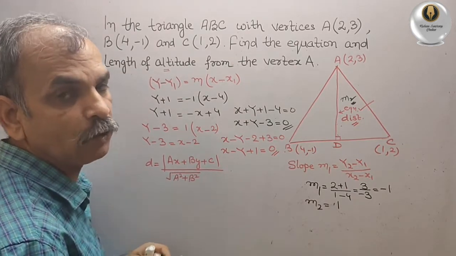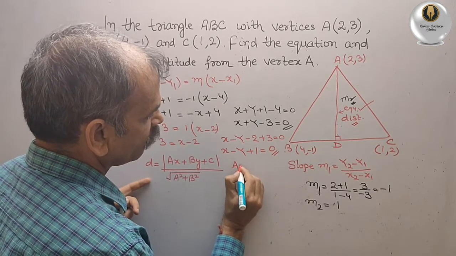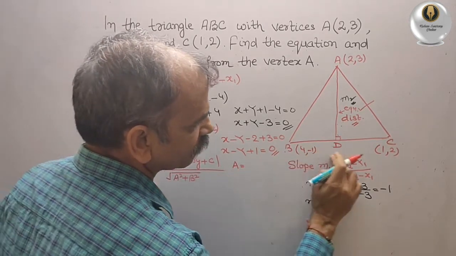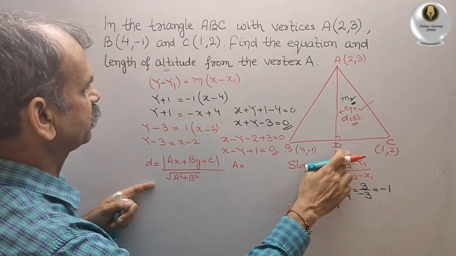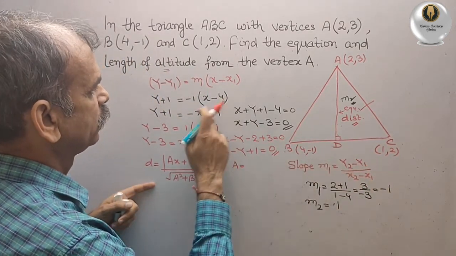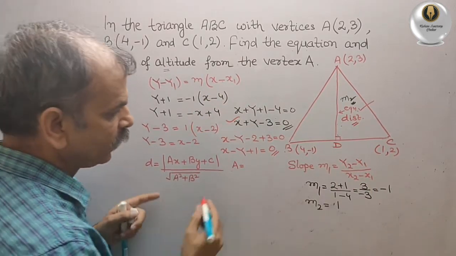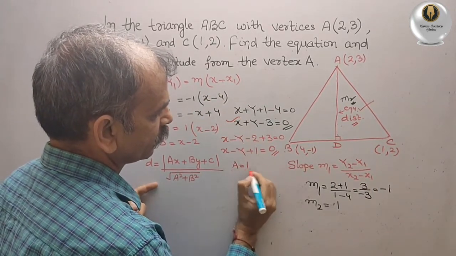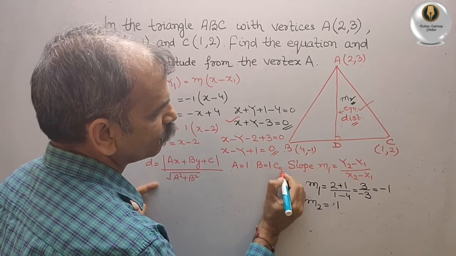Now we will write the value of A and B and C. What is your A now of this equation? A is 1, B again is 1, C is equal to minus 3.